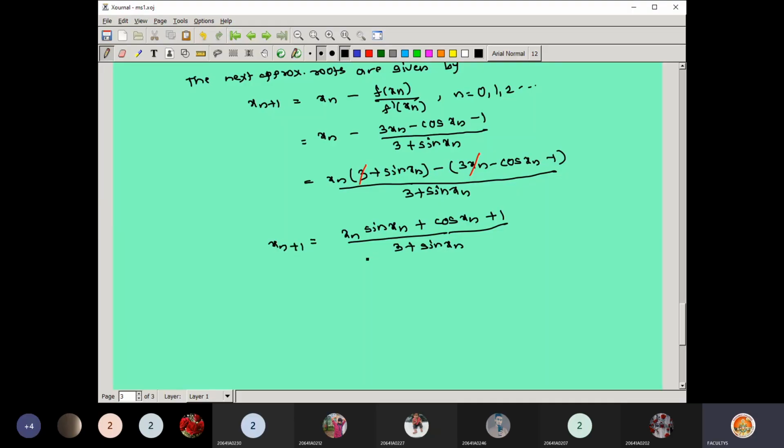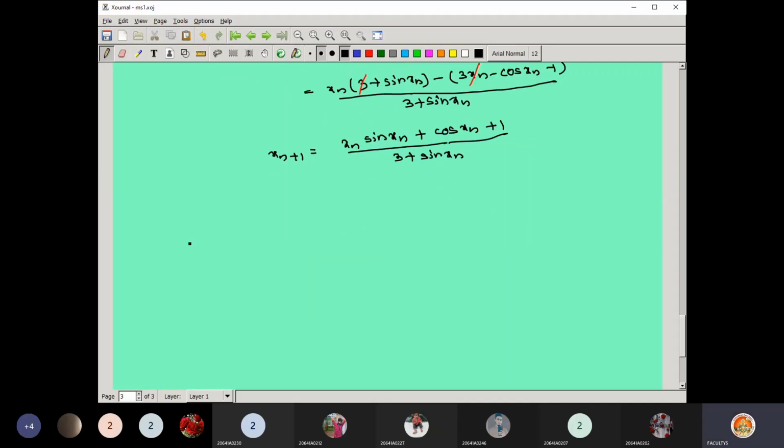So for this, now you substitute n equal to 0. For n equal to 0, x1 equal to (x naught sin x naught plus cos x naught plus 1), total divided by (3 plus sin x naught).